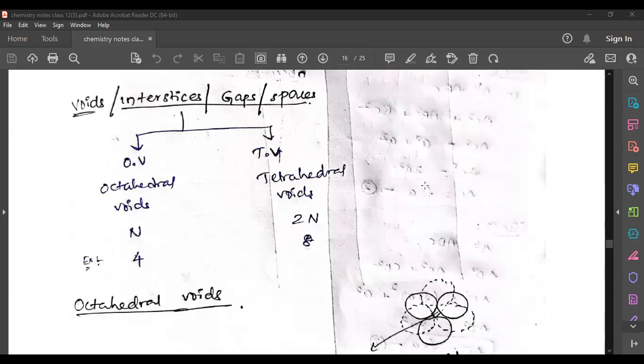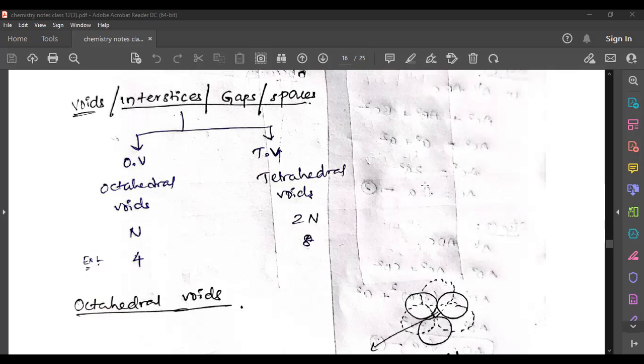Tell me, what is the meaning of void? What is the meaning of void? Are they the interstices, the gaps, the spaces? Anybody, what is the meaning of void?